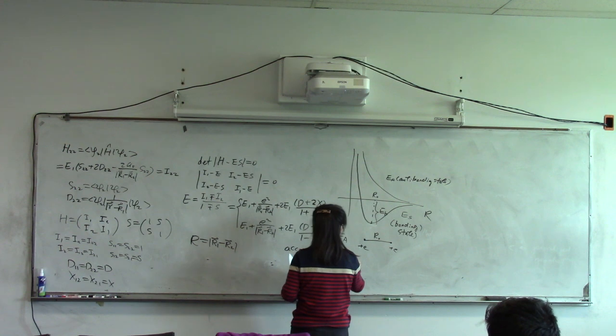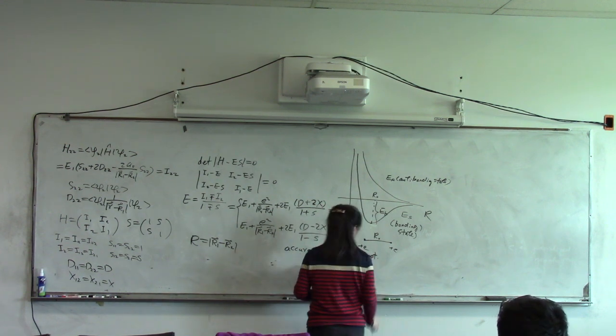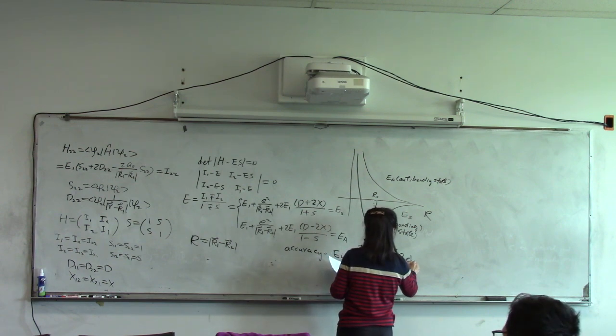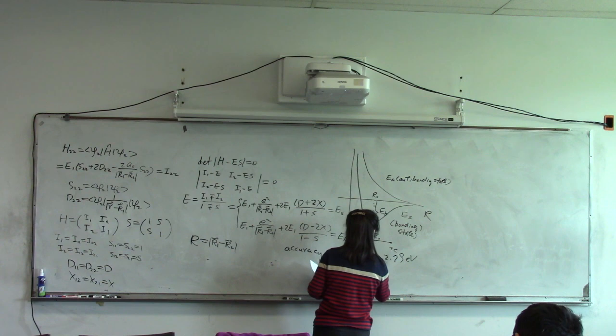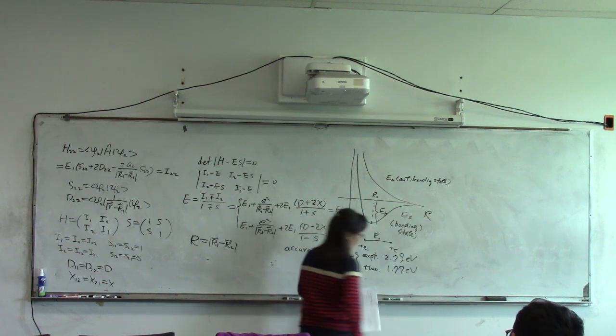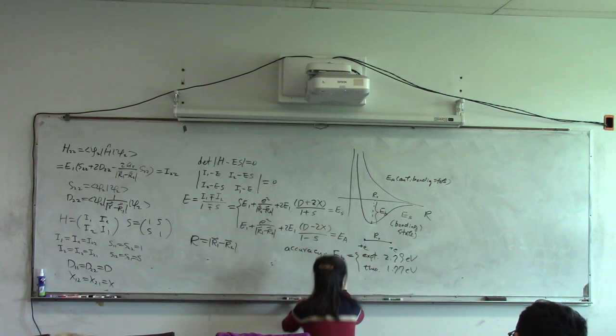The bonding energy experimentally is 2.79, but this calculation theory gives 1.77 eV. So you see this is still not that accurate, and the bond lengths are not either.